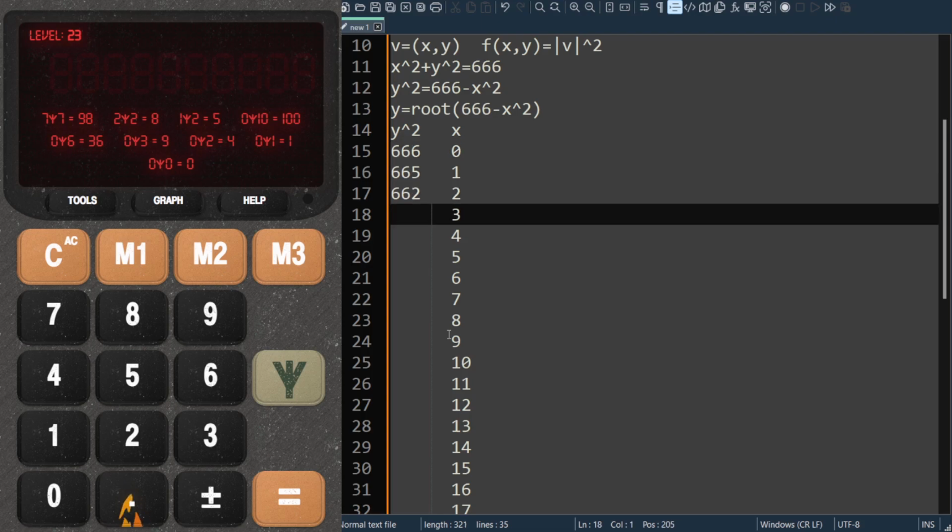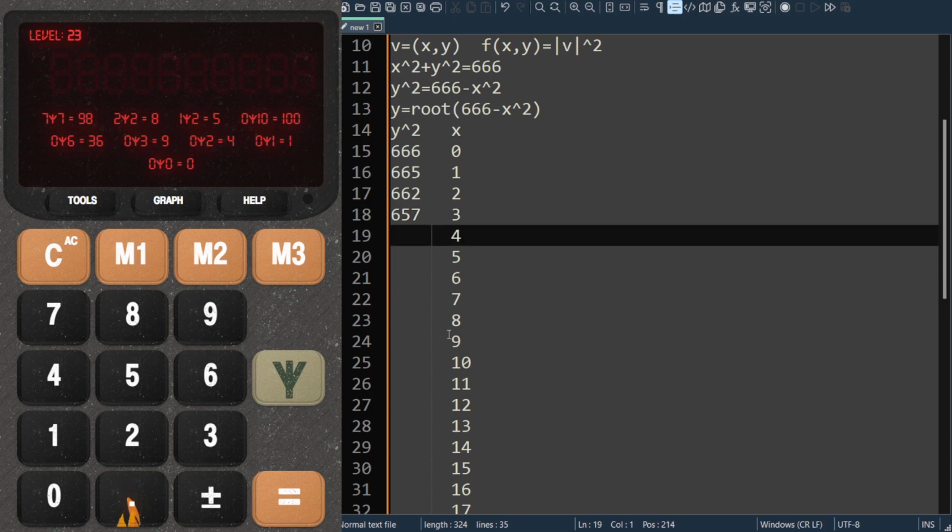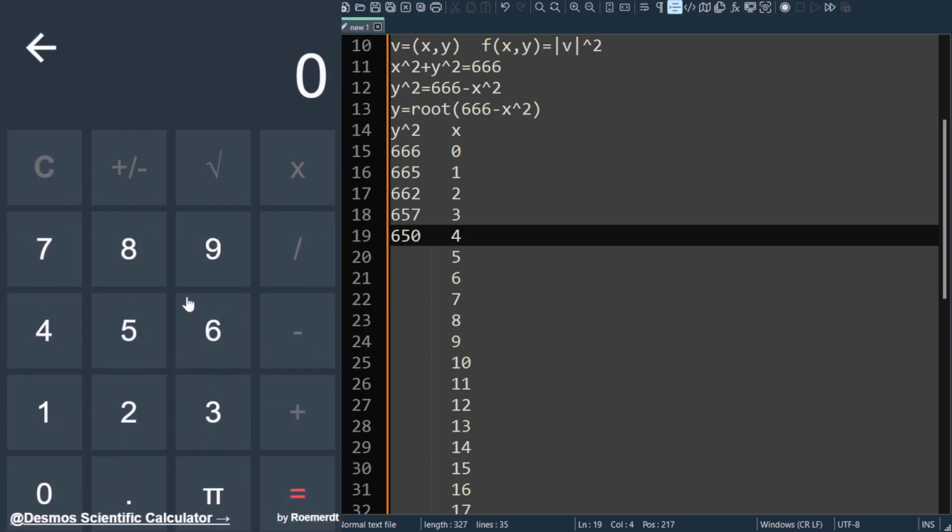And 662, we need to go down 5 from here, am I correct? Yeah, 657, and we need to go down 7 from here, 650. Let's go to the actual calculator. 25 times 25 is 625, right?